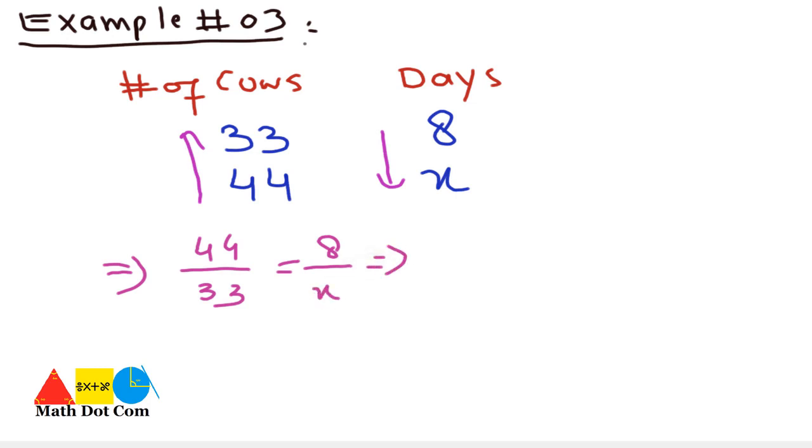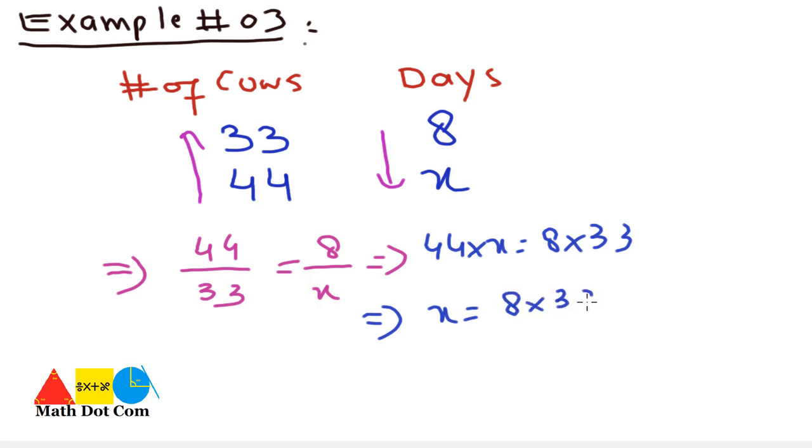Cross multiply them: 44 into x is equal to 8 into 33. x is equal to 8 into 33 over 44. 11 threes are 33, 11 fours are 44, and x is equal to 6.